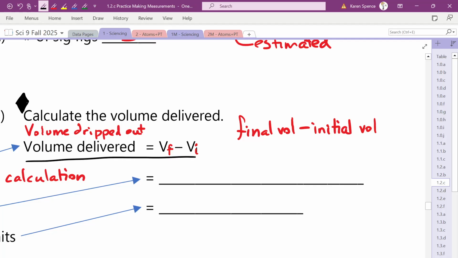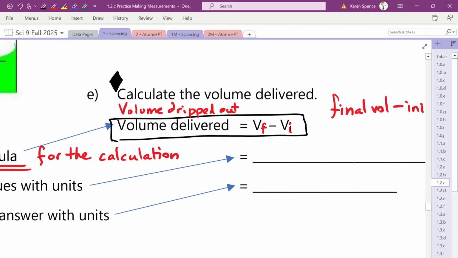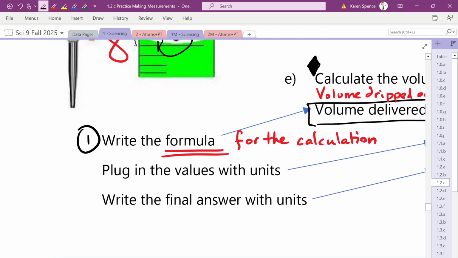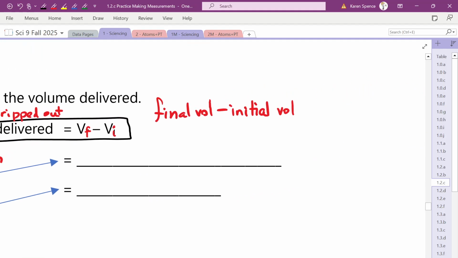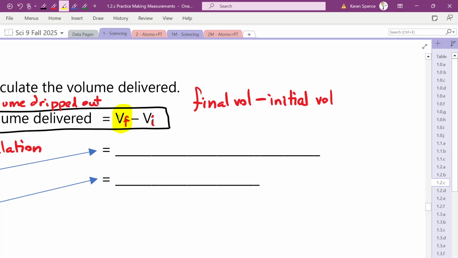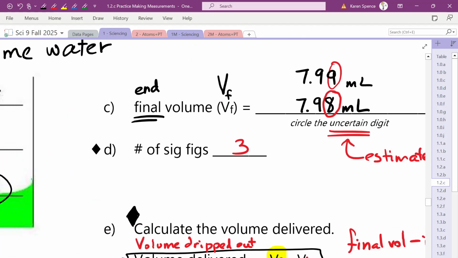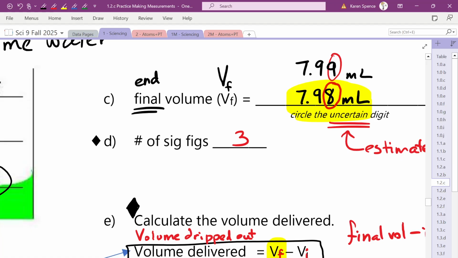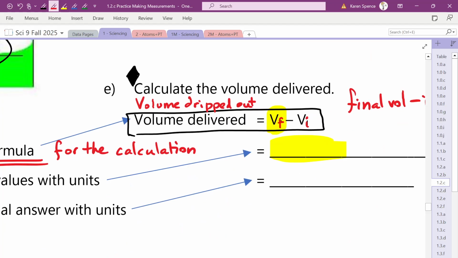So you would write the formula. That's number 1. Number 2, you would plug in the values with their units. So my final volume comes first. Go and find that. What is your final volume? Let's do 7.98. So we're going to write in 7.98. I'm going to leave a little space.